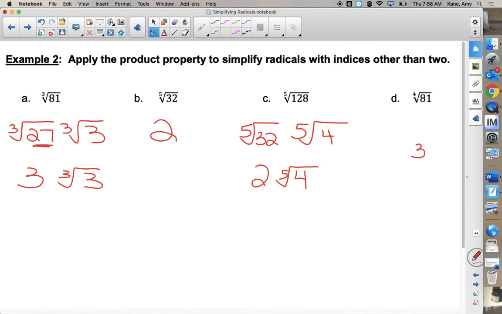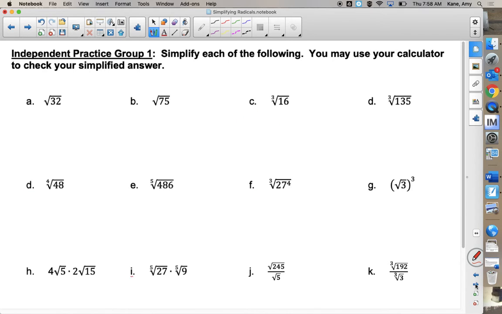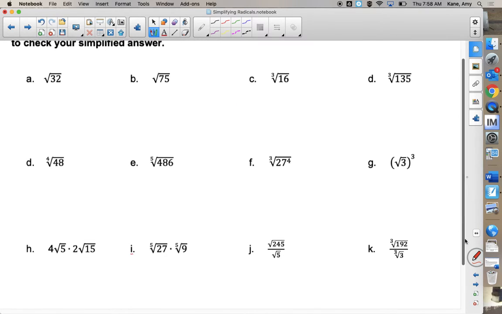Questions? So there's some problems underneath. A lot. Probably too many. Like I said, I went a little crazy. So see if you can break a couple of those down. Looks like it gets more interesting down at like D. First couple I think are fairly straightforward. But you're trying to find a number that breaks into the value underneath the radical.